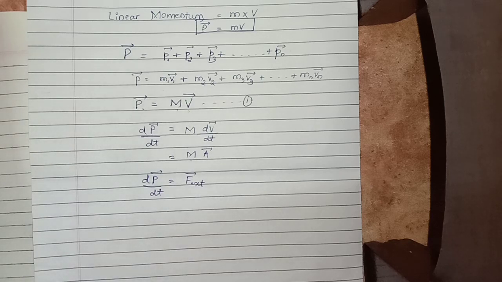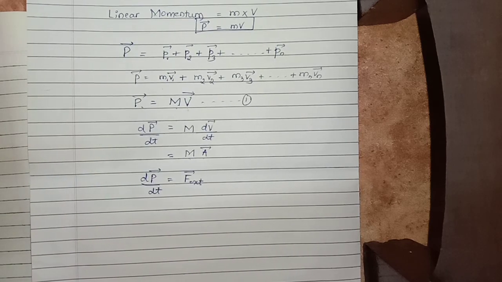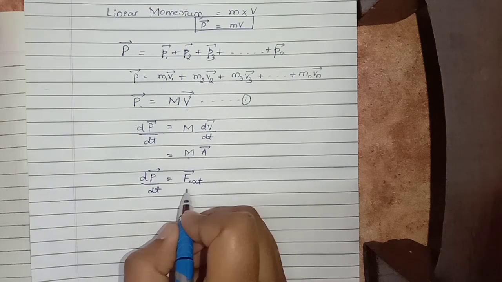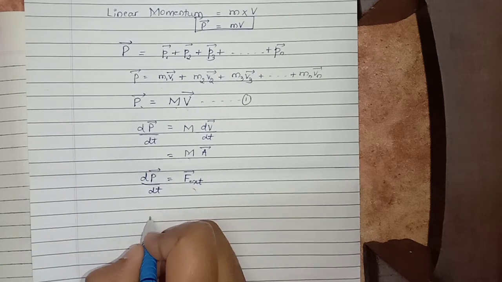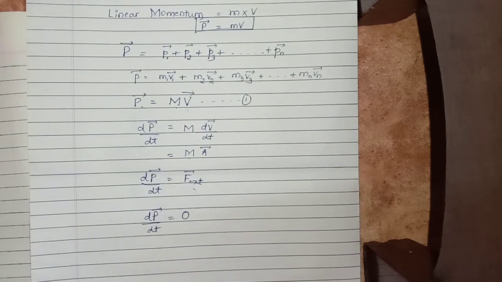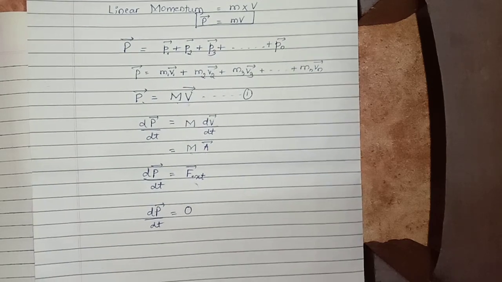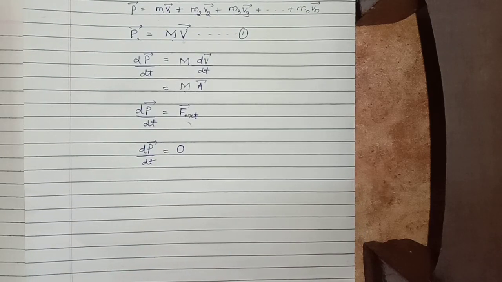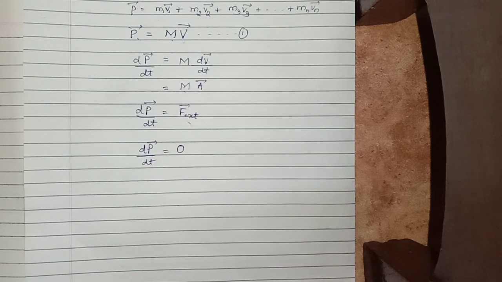Means if there is no f1, f2, f3 up to fn, then there is no F external. So if there is no force acting on the system of particles, then F external becomes equal to 0. Why are we considering that there is no force acting on the particles? Because then they are not under motion, right?